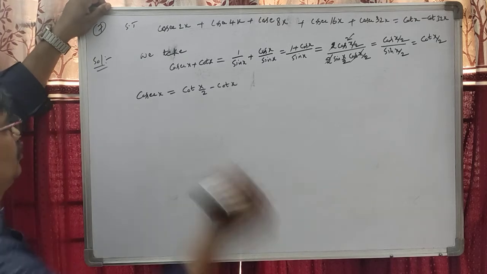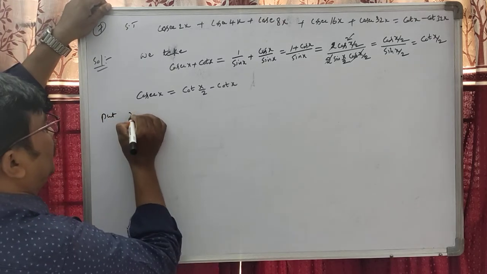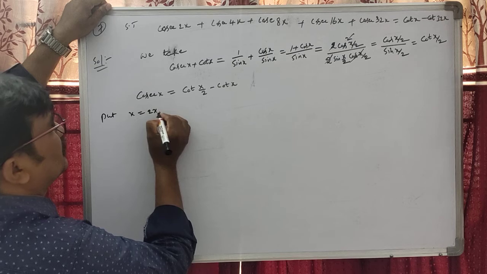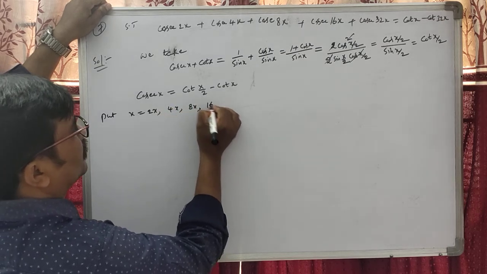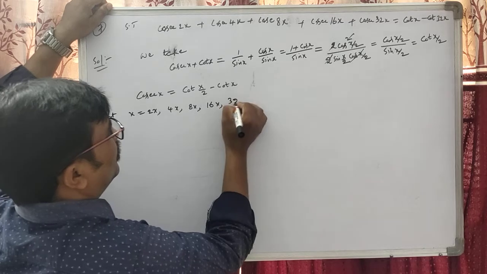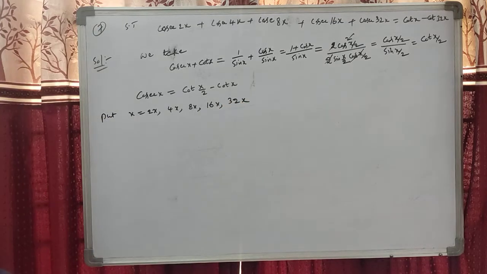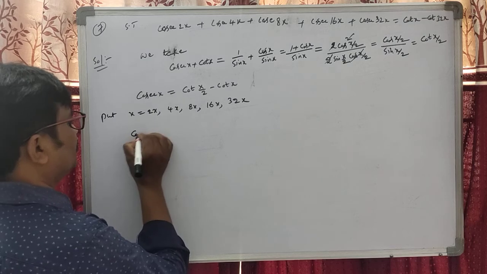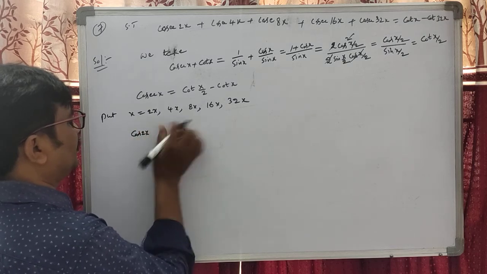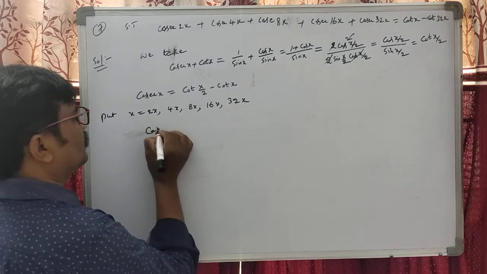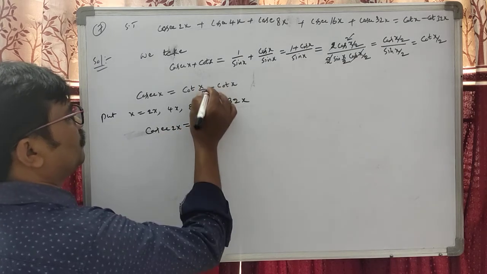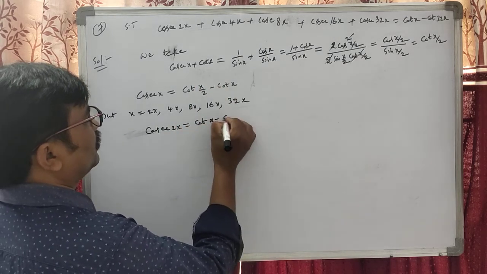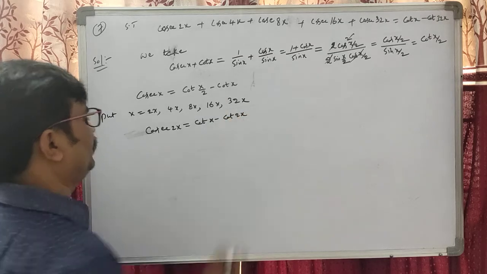On both sides, replace x by 2x, 4x, 8x, 16x, 32x. Okay students, first x equal to 2x, that is cosecant of 2x equals 2x by 2, that is x, minus cot of 2x.